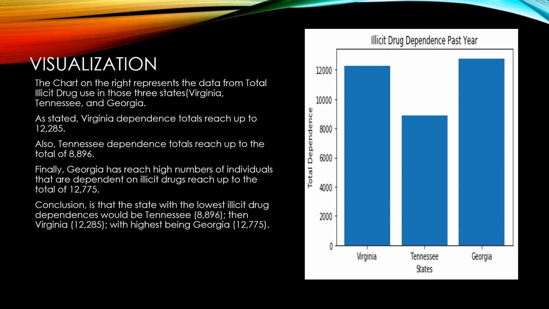Also, Tennessee dependency totals reach up to 8,896. Finally, Georgia has reached high numbers of individuals dependent on illicit drugs, up to a total of 12,775 individuals. The conclusion is that the state with the lowest illicit drug dependency would be Tennessee, then Virginia, with the highest being Georgia.